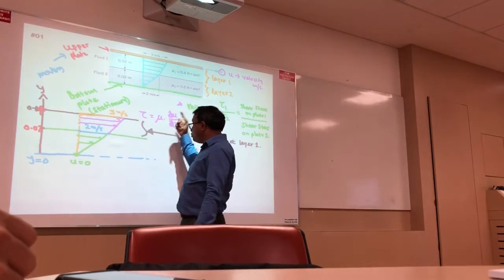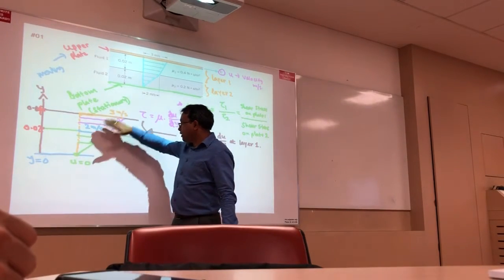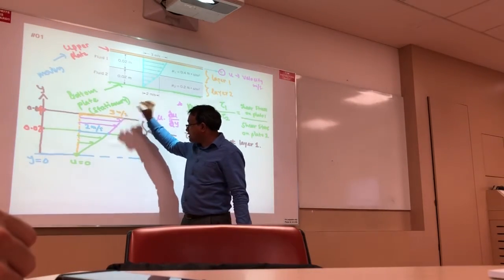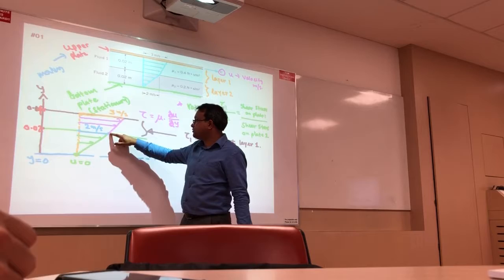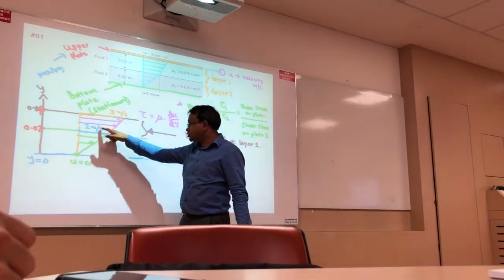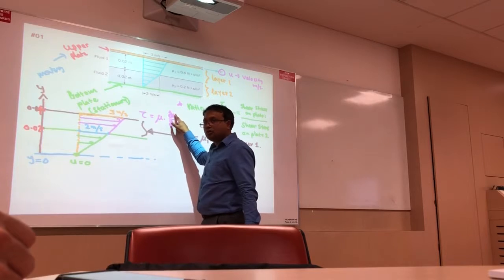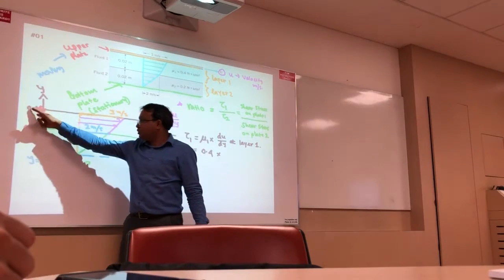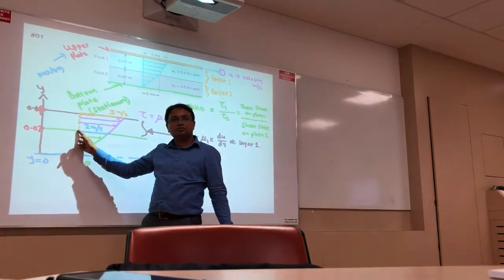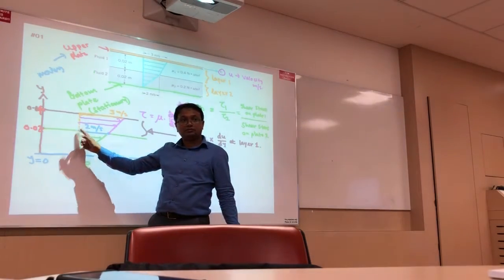So I can write du becomes 3 minus 2, right? Correct. In this layer, upper velocity is 3 meter per second and lowest velocity is 2 meter per second. What is dy? 0.04 from here, and here is 0.02. This is dy.